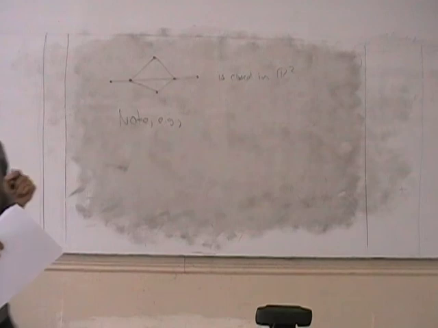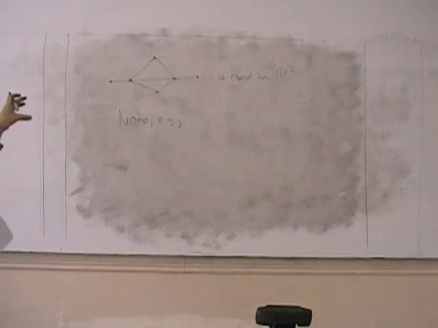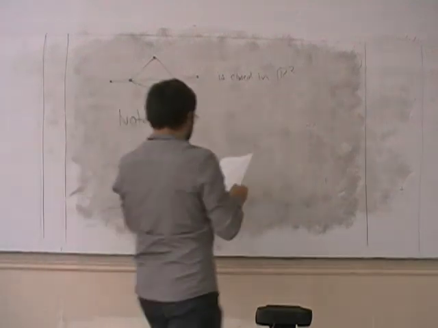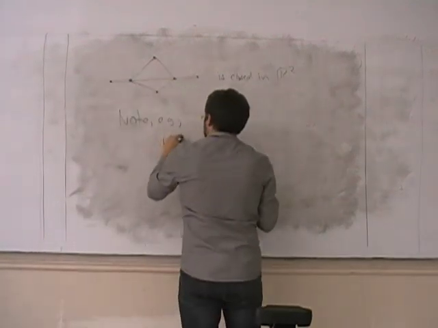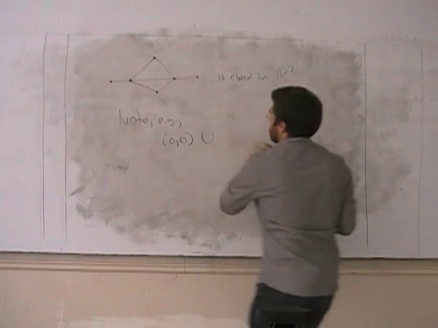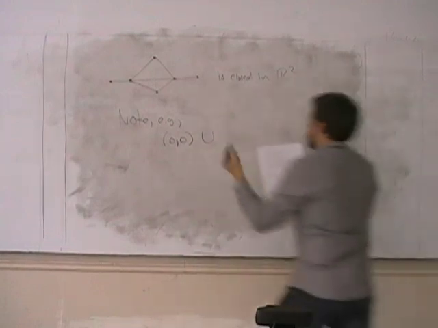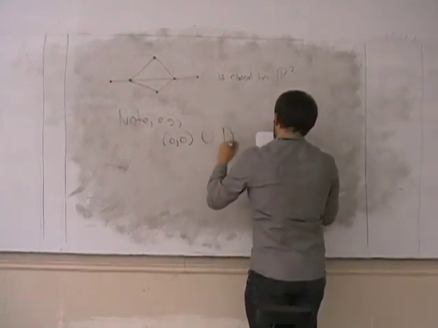This is kind of a fun problem. Can you find an infinite union of curves that's not closed? So for example, I wanted to point this out a second ago. What's this here?